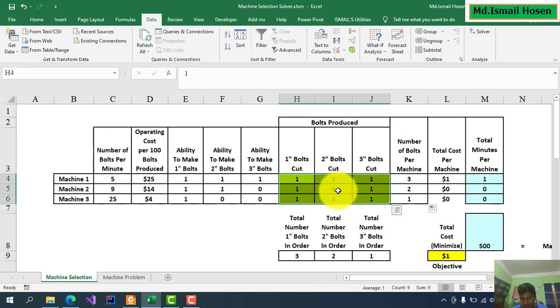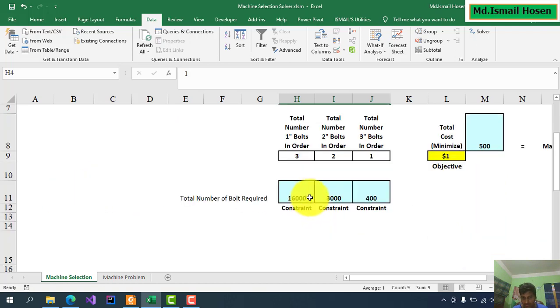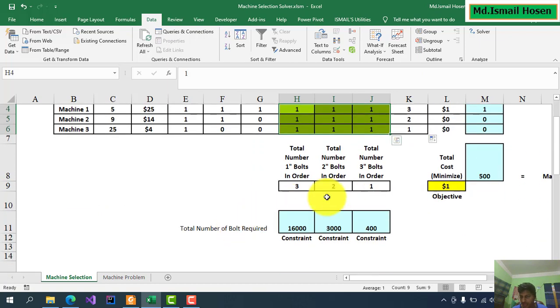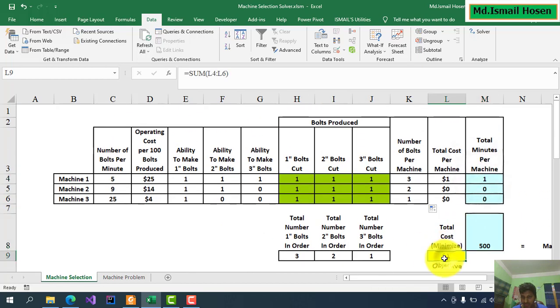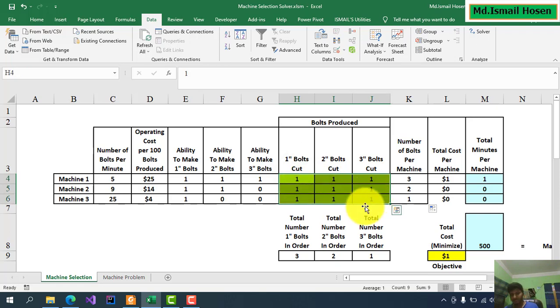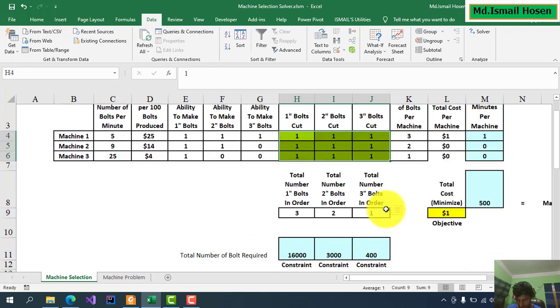So how many times do we need to use this pattern for the 1-inch bolt on machine 1, machine 2, and machine 3, while fulfilling the condition that we need this amount of bolts required. You can see from the color scheme that these are the constraints, this is the objective function, and this is the variable cells or decision variables. So we need to change this number, and we need to fulfill this condition.